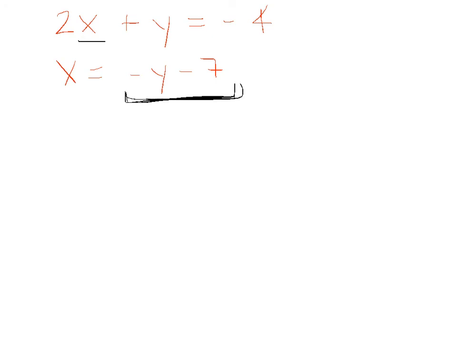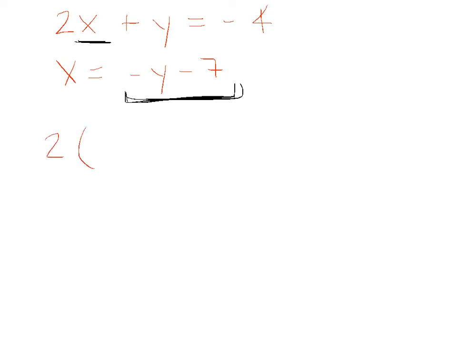So I've now got 2x plus y equals negative 4, and I have x equals negative y minus 7. So I've got an x here, and all of this is the same thing as x. What I'm underlining in black, they are all the exact same. So I'm going to plug it in to the opposite equation.